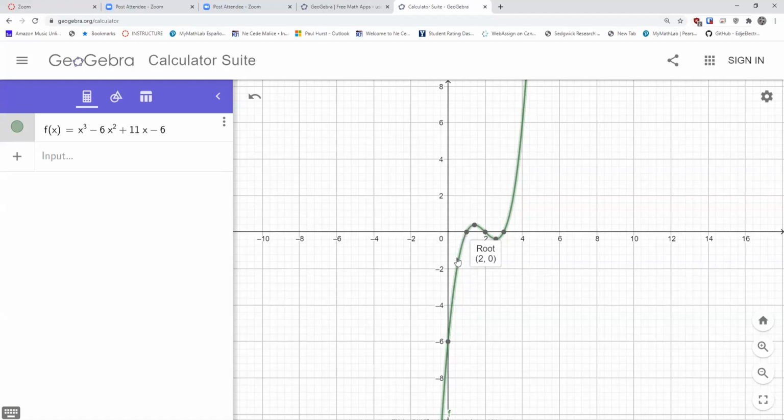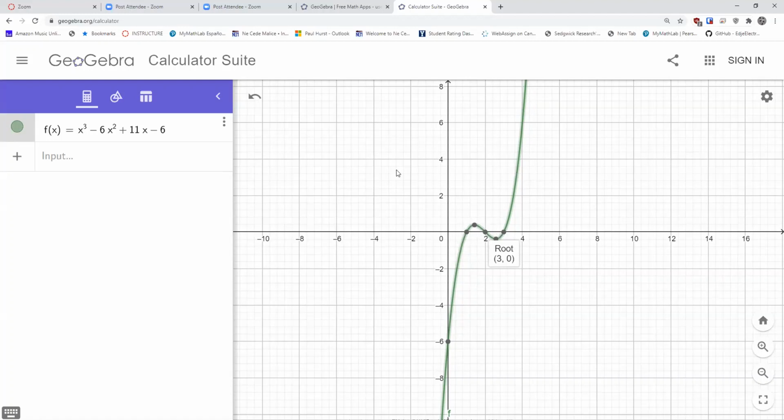Okay, so all of these points are below the x-axis. Here we have above. So from everything less than 1, all these x values that are less than 1, the graph is below the x-axis. Here, from 1 to 2, it's above. From 2 to 3, it's below. And then from 3 on up, it's above.